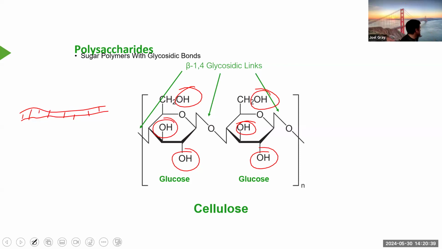So cellulose, yeah, it's just a bunch of glucose molecules. But because of that beta configuration, now we have this network of hydrogen bonds. Can those hydrogen bonds be disrupted? Yeah, under the right circumstances, with a solvent with a very acidic pH or a very high pH or some extreme conditions like that.